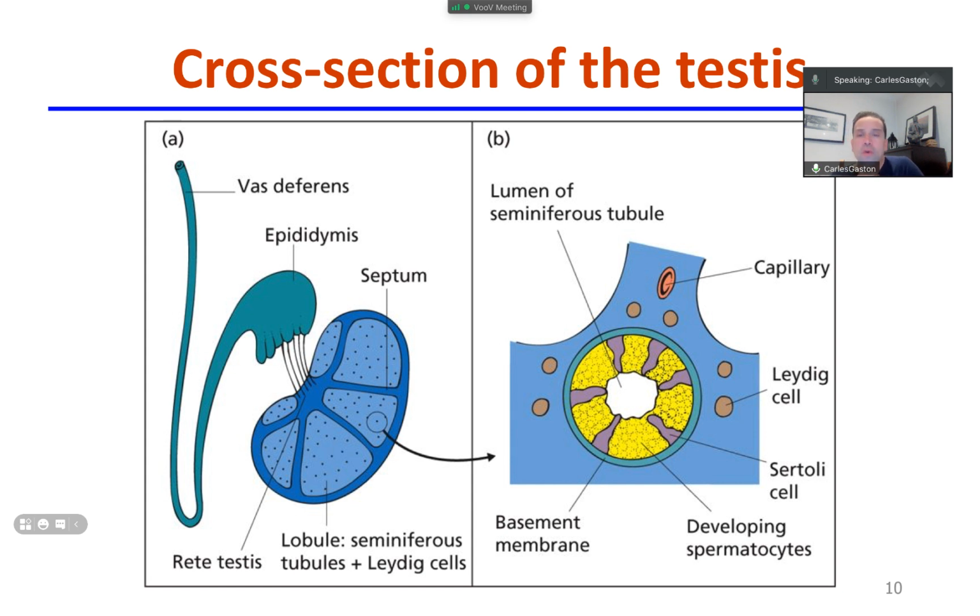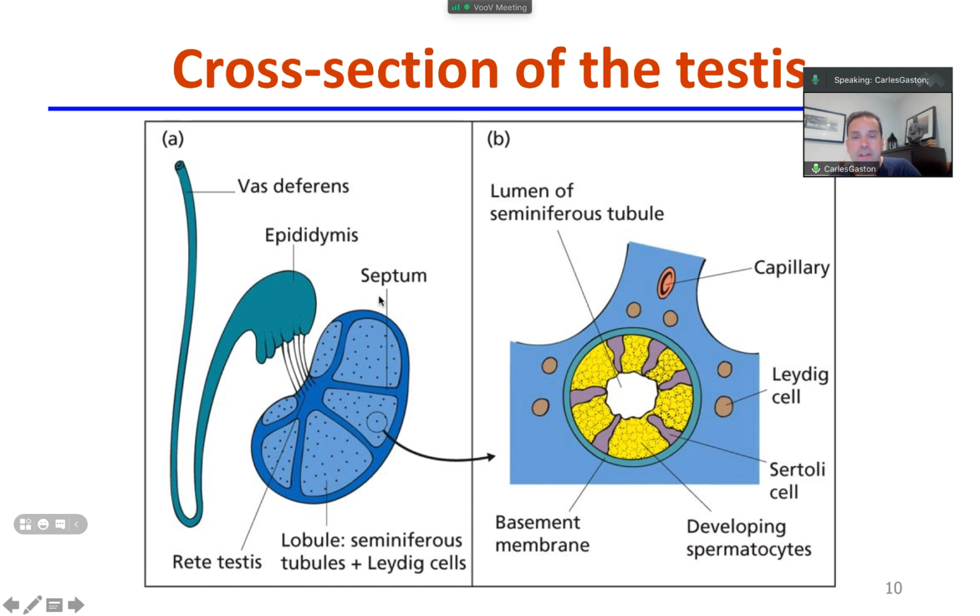So if we look again into the gross anatomy, we could separate each part of the testicle, of the septum, containing each lobule, right, with Leydig cells, okay?